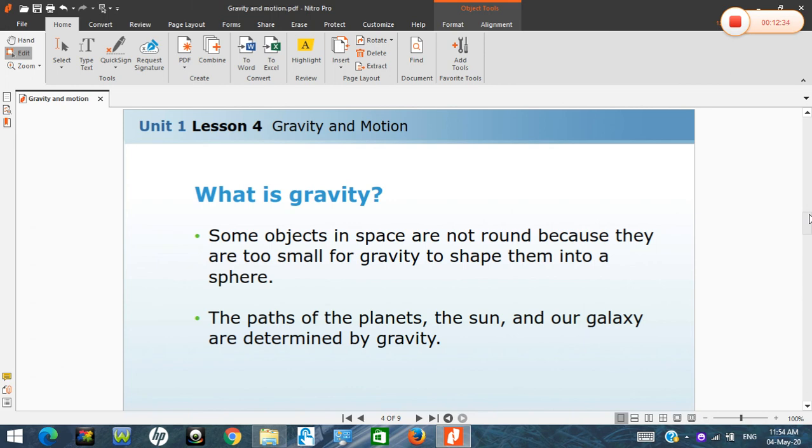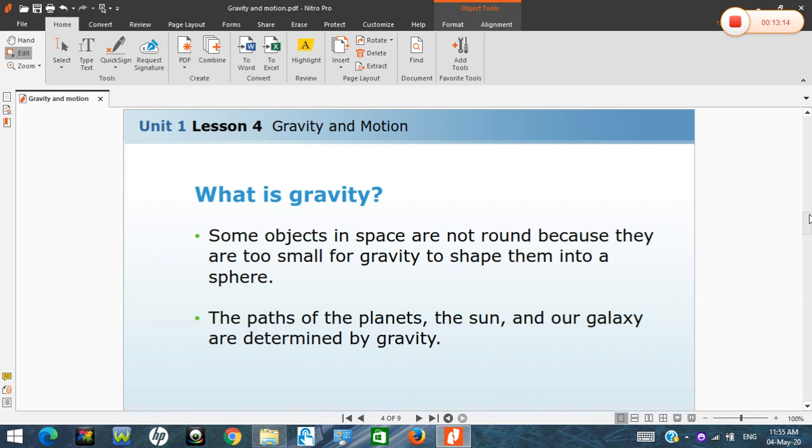Okay? Another example. You can hold anything that is near to you, very close to you, but an object far from you, you can't hold it well.